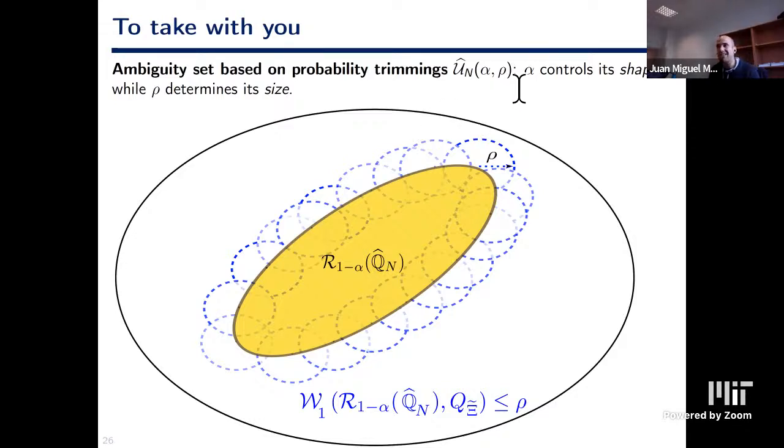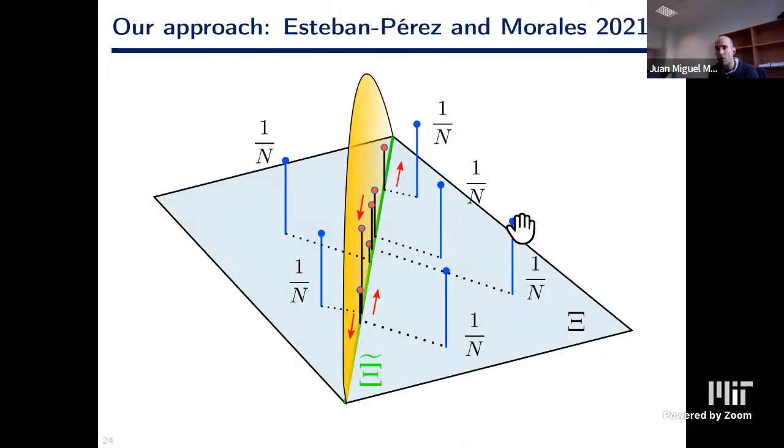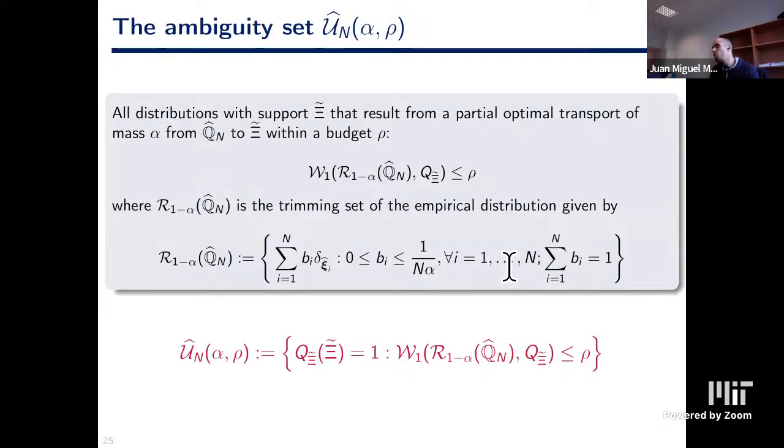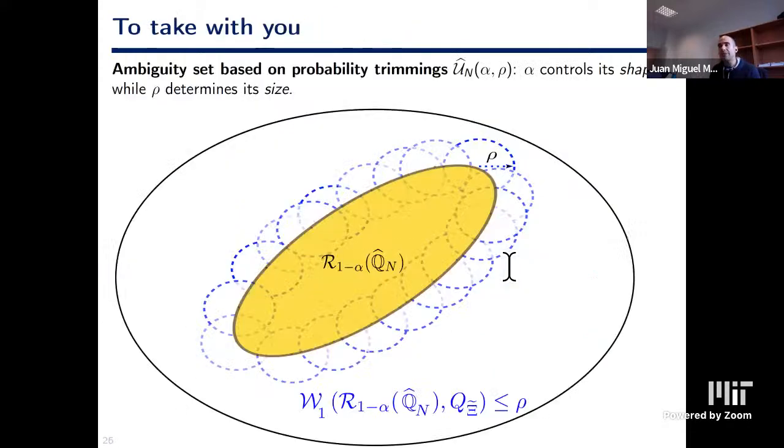Alpha says the minimum amount of these blue points that must take part in the conditional inference, per unit, while rho is what we know as the transportation budget. In a more intuitive way, alpha, which is called the trimming level, controls the shape of the ambiguity set, while rho controls its size.